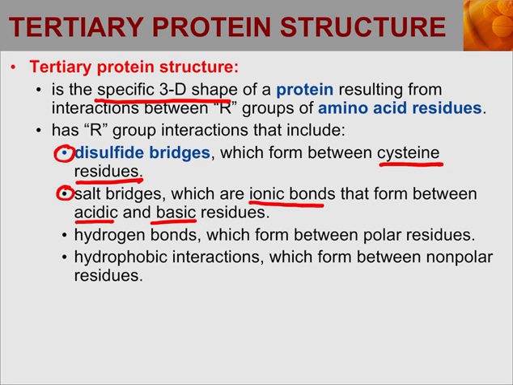So we'll look at an example in a bit. You could also have hydrogen bonds between the side chains, and that would form between polar side chains on amino acid residues. And then hydrophobic interactions, and that would form between the non-polar side chains of amino acid residues.